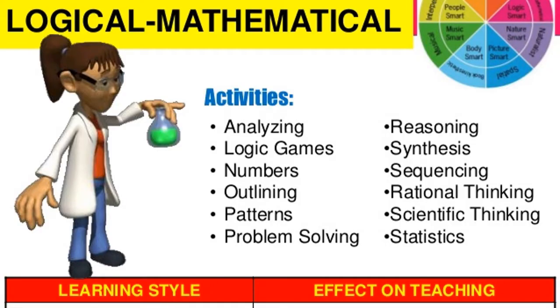Logical or mathematical is the fifth one, and this is kids who use logic in their thinking. Anytime that you are approaching them, you have to convince them that it's logical what it is that they're learning in order for them to be willing to learn that. And so things that you can do here is you can work in systems. So in other words, helping them to see the bigger picture by using systems in place, whether it be like setting up a project and having various steps to that project.